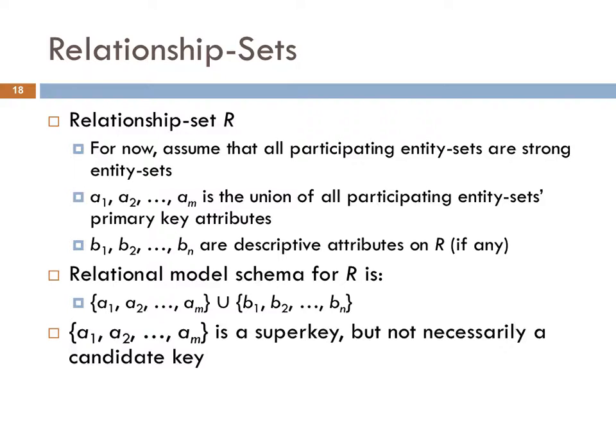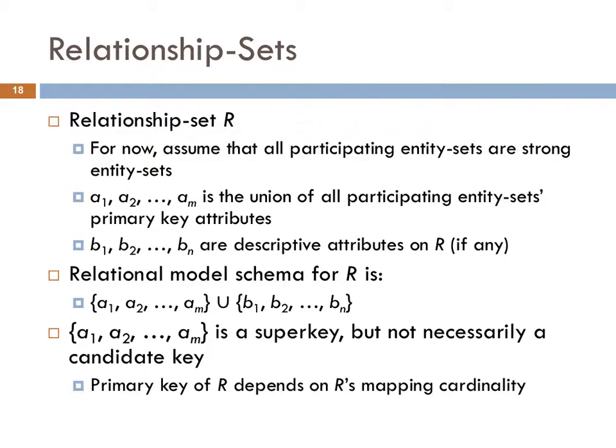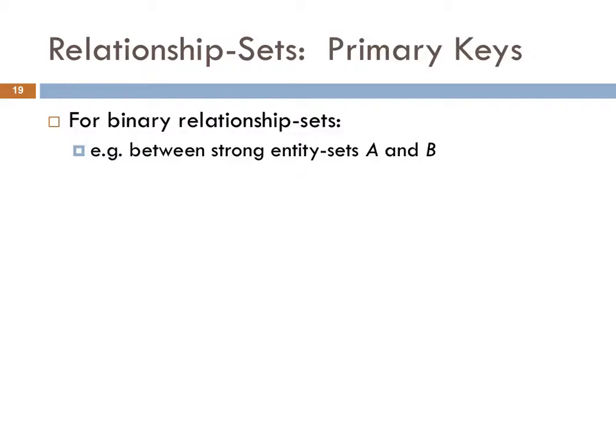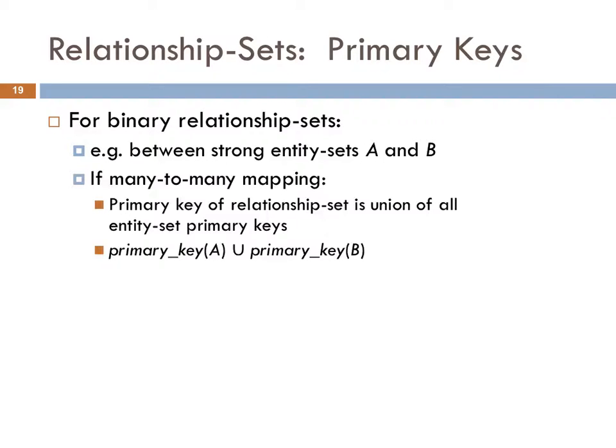Okay. Now, of course, the primary key attributes may form a candidate key, but they may not. We only know that they form a super key. And so we have to look at the mapping cardinality of R to figure out what the key or keys should be. All right. So let's say we have binary relationship sets, because those are easy to reason about.